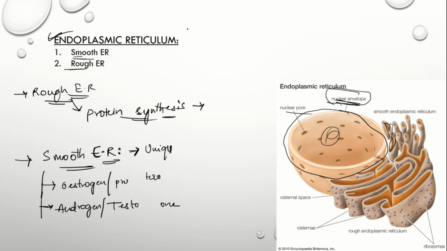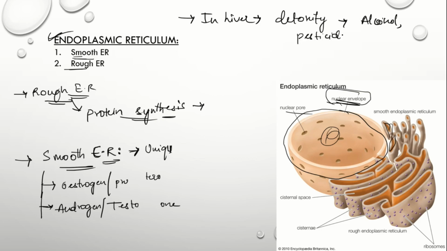Like in the liver. In the liver cells, the smooth endoplasmic reticulum helps in the detoxification of hazardous substances such as alcohols, pesticides, and carcinogens. These are eliminated by the smooth endoplasmic reticulum.